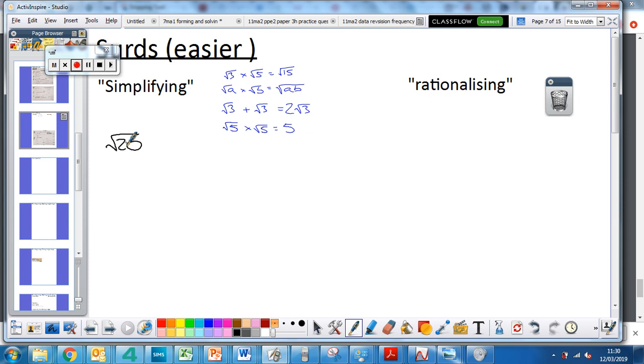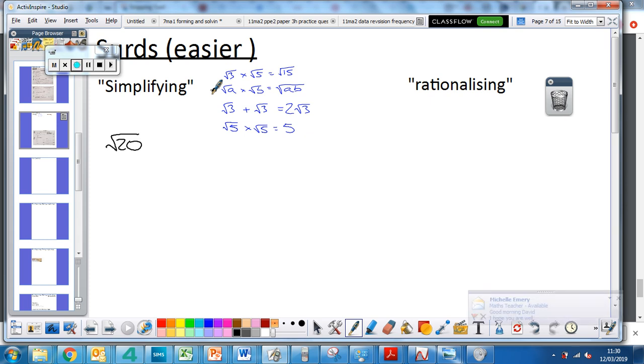When you're looking at that, the rule you're going to need to apply is this idea of using this rule here, being able to rewrite 20 as a product of two of its factors. The key thing is to look for one of its factors that is a square number. So 20 is 1 times 20, 2 times 10, 4 times 5. Okay, those are its factors.